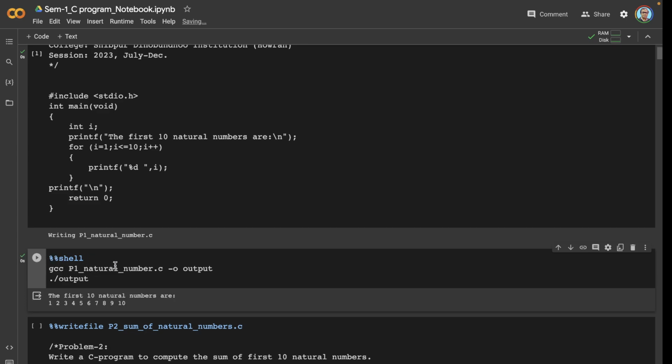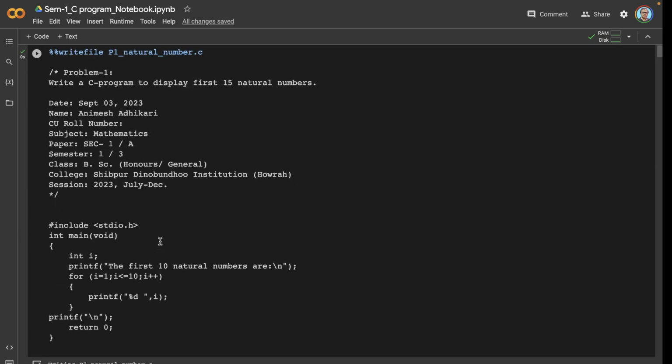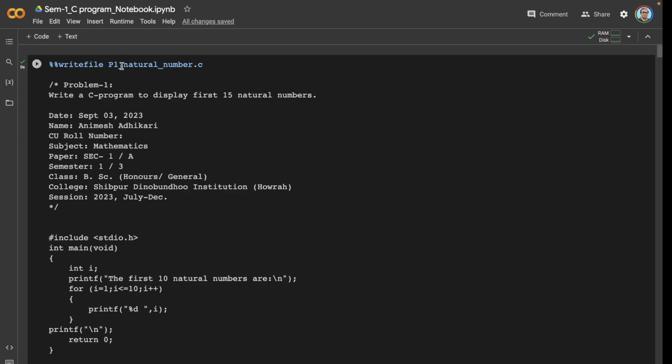Double percentage sign cell, shell gcc p1_natural_number.c for file extension, because here the problem name is p1_natural_number.c, and double percentage writefile is the command to write a file in Colab, and this is the file name, and .c for extension for C program.